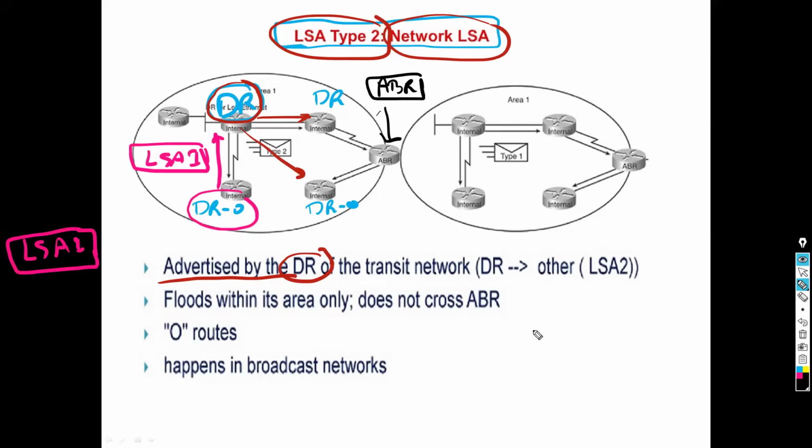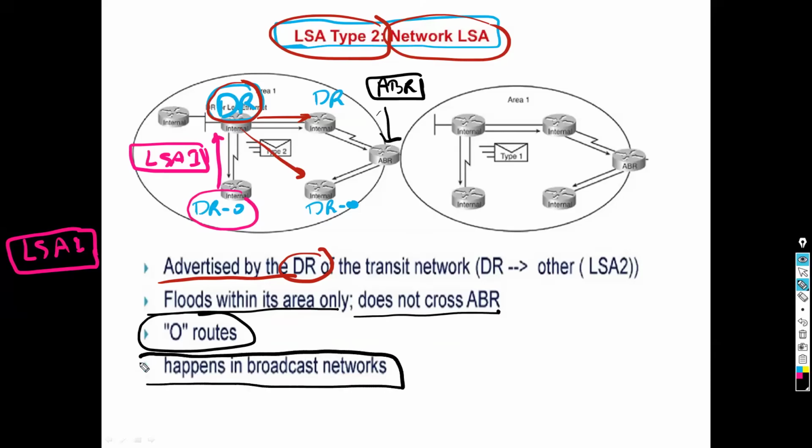So LSA 2 floods within the area only. The route flag is O, and it only happens in a broadcast network. LSA 2 you will get in a broadcast network, a BMA network.